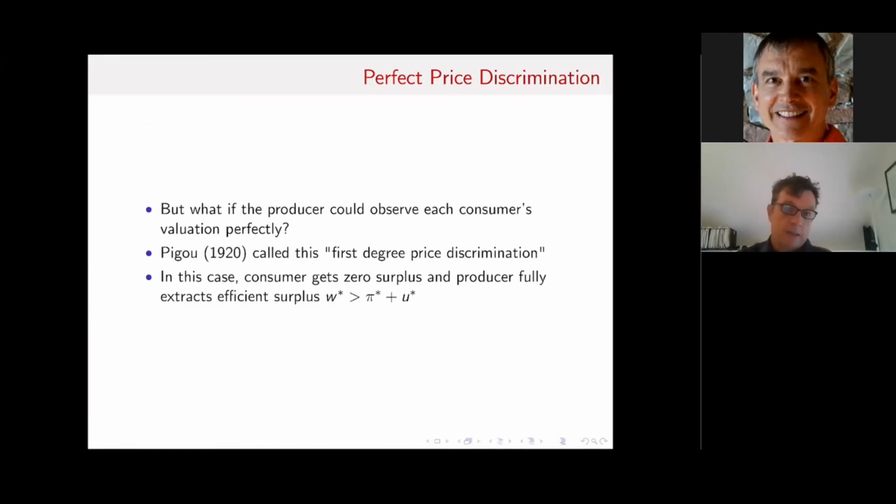Well, in that, in some sense, opposite case, where now the producer has complete information about the willingness to pay of the consumers, the producer can get all of the surplus. In fact, the consumer gets zero surplus because he's being charged a price at which he's just indifferent between buying and not.